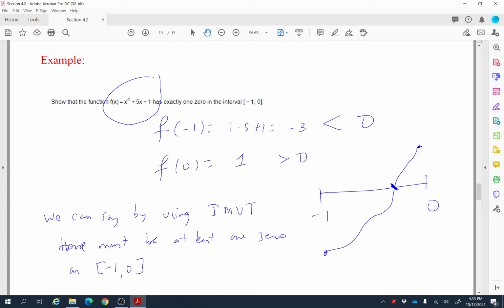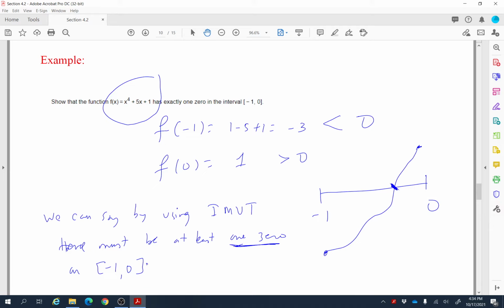So 1 zero means where the value of the function is 0, and that is possible because the intermediate value theorem says if on this interval at one point the value is negative and at another point the value is positive, and if the function is continuous, there has to be 1 zero.